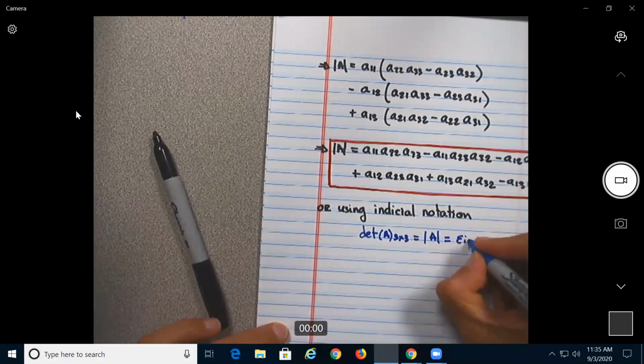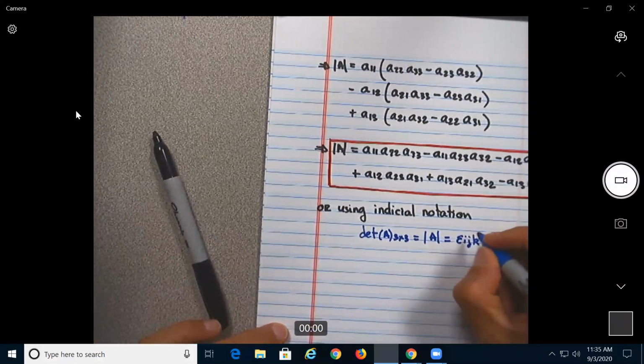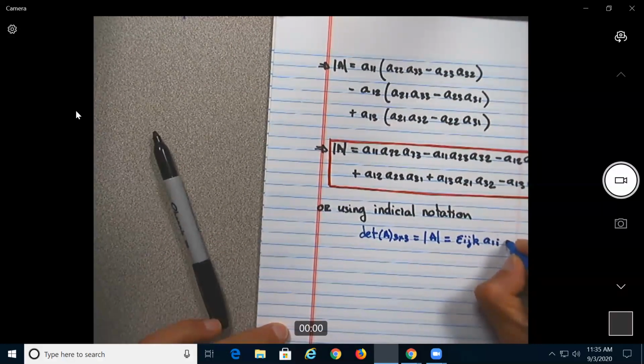Epsilon ijk, A of 1i, A of 2j. So this would be like if it was 2D, but because it's 3D, we need to add A of 3 sub k.